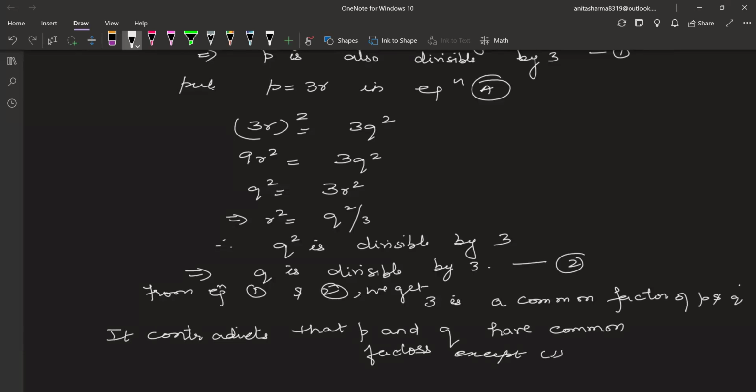So therefore, root 3 is an irrational number. Hence, root 3 is an irrational number.